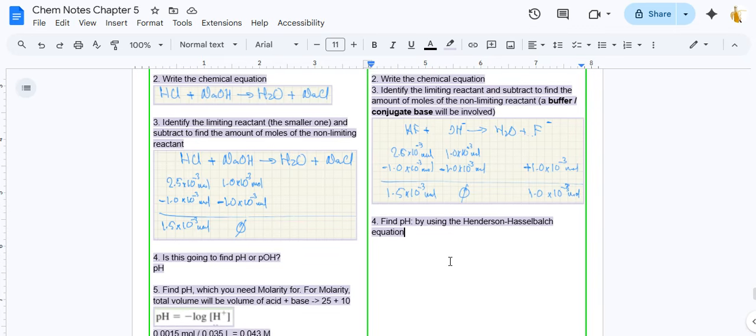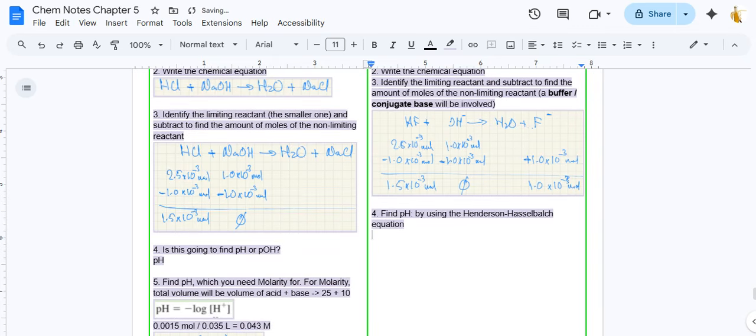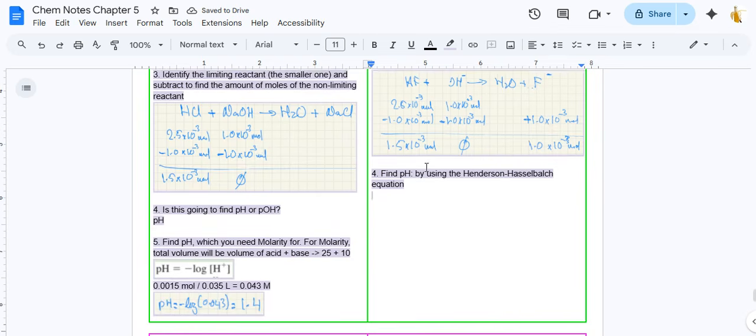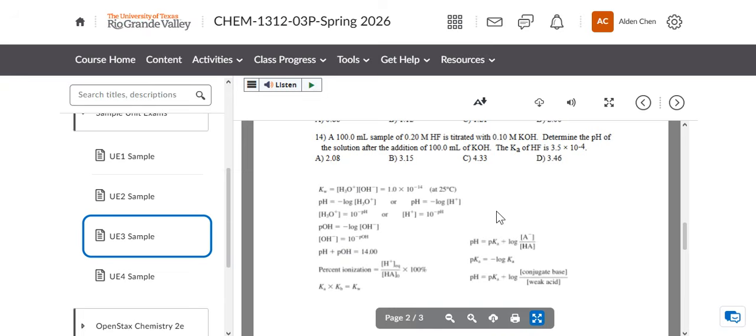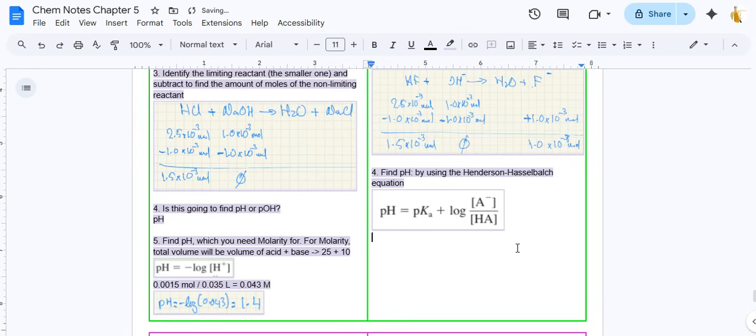And then the next different thing is, instead of doing this to find pH, you use the Henderson-Hasselbalch equation.